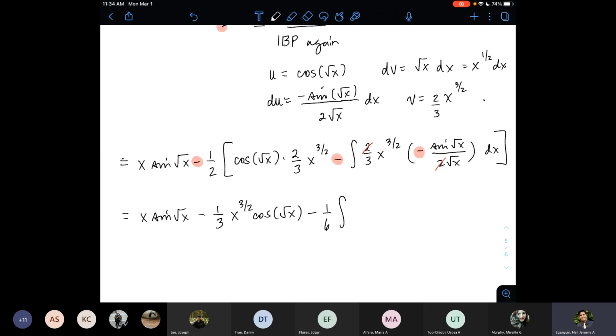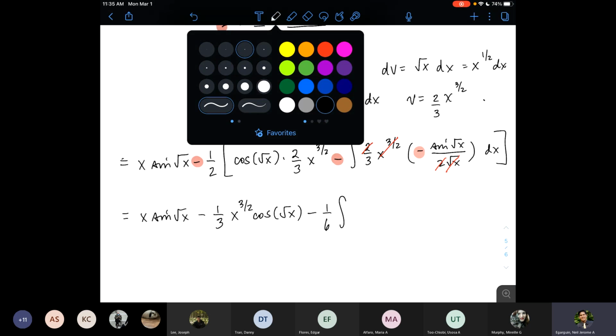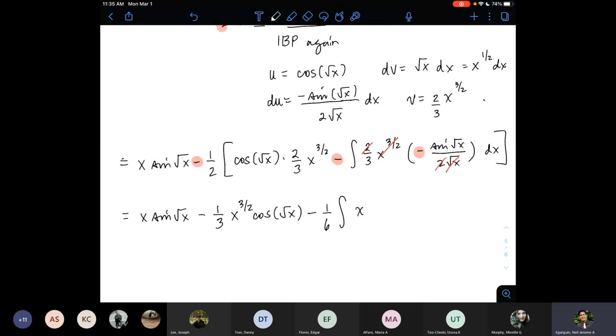Is that correct? 1/3, and then there would be a 1/2 outside, so that's going to be a 1/6. And then I have x to the 1/2 here and x to the 3/2 here. So there would be an x left on top, and then sine root x dx.